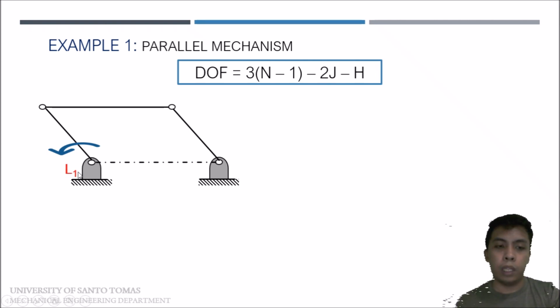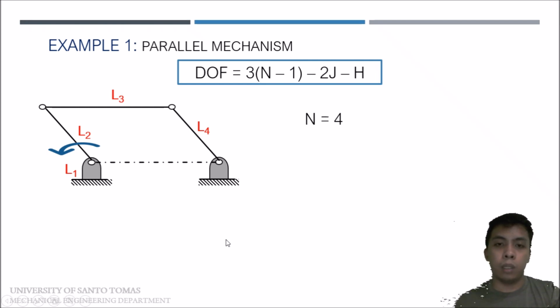We have L1, the frame of the mechanism. L2, the crank or the one that rotates the mechanism. We have the floating link, L3, and another link, L4. So if we count it, we have 4 links in this mechanism.